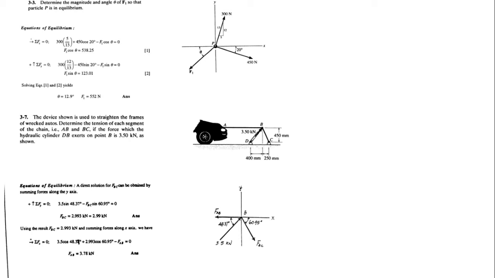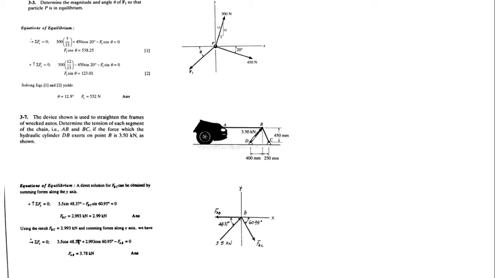Basically there's a hydraulic cylinder DB, and these automotives have gone through a frontal collision. Their bonnet and bumper are damaged, and you need to remove those dents. This is a system to remove those dents from those automotives.